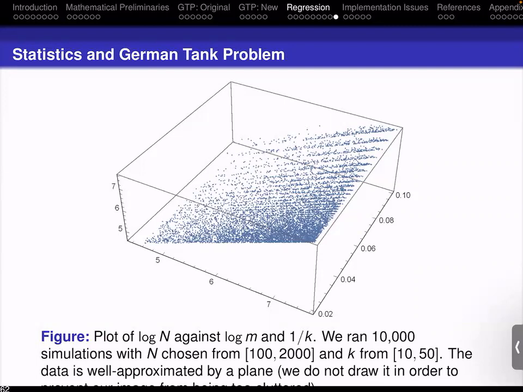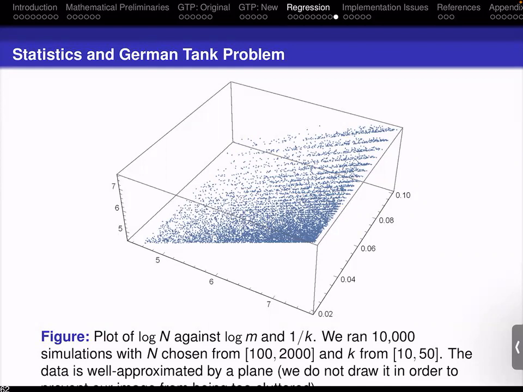So if we take the log, we get the log of M, and then we get the log of 1 plus 1 over K. We can Taylor expand the log of 1 plus 1 over K. So remember, we showed the log of 1 plus x is x minus x squared over 2 plus x cubed over 3, and so on and so on.